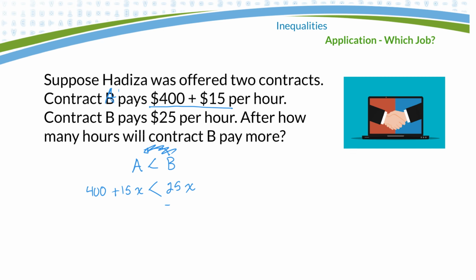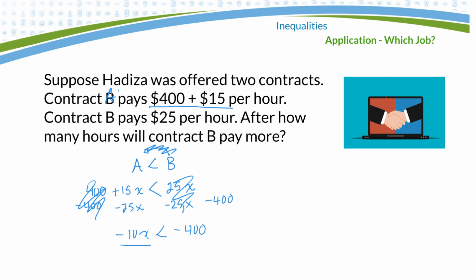To solve this, I'm going to subtract 25x on both sides, and I'm going to subtract 400 on both sides. So these cancel, and this will be a negative 10x. And then these cancel, and this will be less than negative 400.